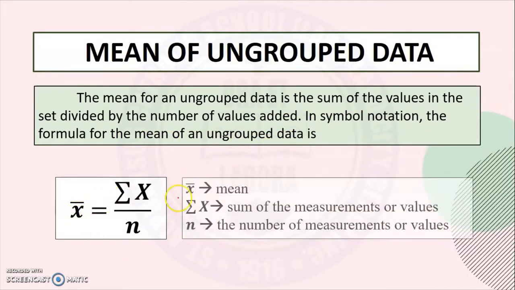This symbol means the mean, while this one means the sum of the measurements or values, and n means the number of measurements or values. So the formula is this: mean equals the sum of the measurements or values divided by the total number of values. Let's try to apply this formula in our examples.